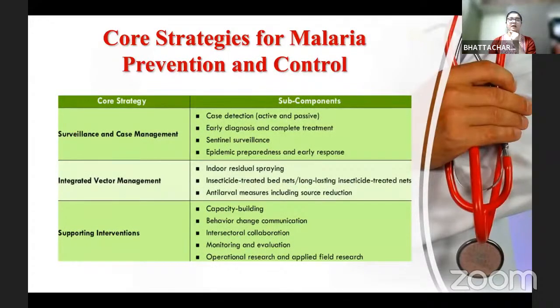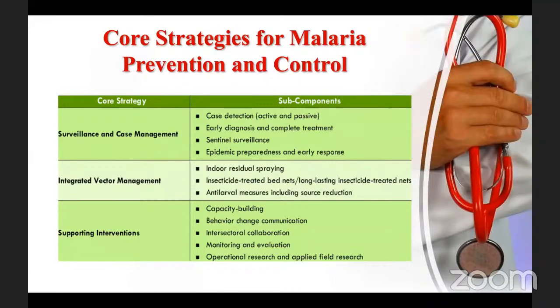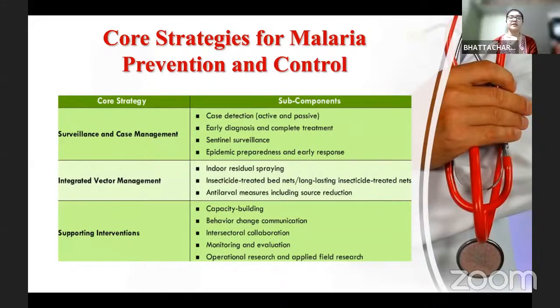Now here we will be discussing the core strategies for malaria prevention and control. Firstly, the core strategy is surveillance and case management. The components include case detection, then early diagnosis and complete treatment. Sentinel surveillance means that we find various indicators of the presence of a particular disease, so we would be searching for those indicators to put malaria under surveillance. Then there is epidemic preparedness and early response.